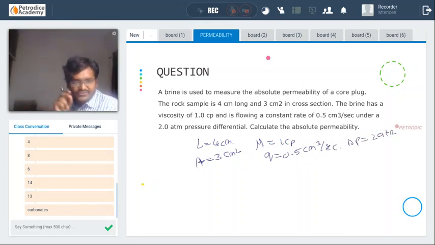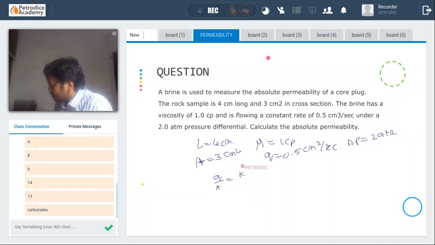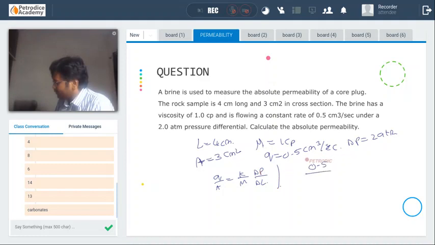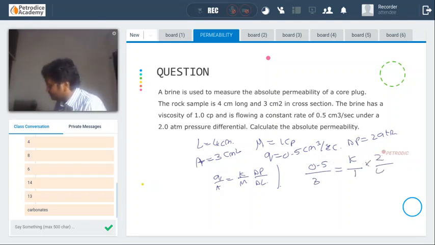If you can see, everything is in CGS units, so you can directly apply the formula Q by A is equal to K by mu delta P divided by delta L, where Q is 0.5, area is in centimeter square, 3, where permeability will be in Darcy, viscosity is 1, delta P is 2, length is 4.